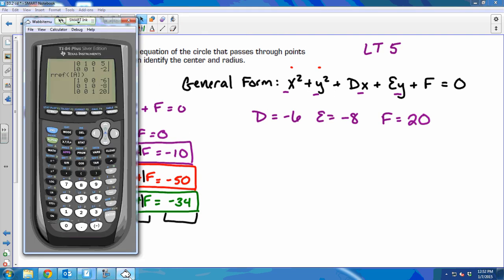Anyone not get negative 6, negative 8, and 20? We good? Okay. We're like halfway through the problem now. There's not that many homework problems, I promise.